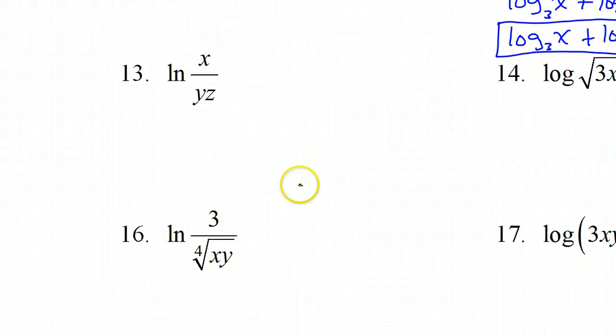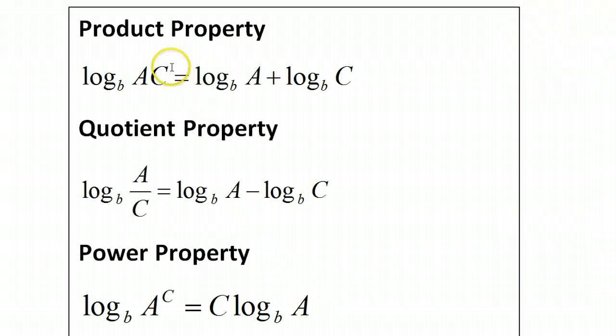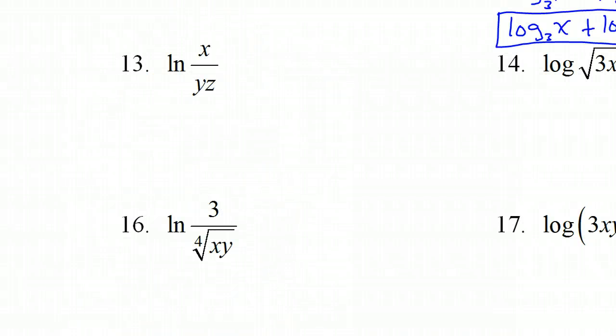Let's use the Mr. Allen method for this. Everything in the numerator is going to be positive, and everything in the denominator is going to be negative when we split this thing up using a combination of the product property and the quotient property. So that would make natural log x, the numerator, positive.